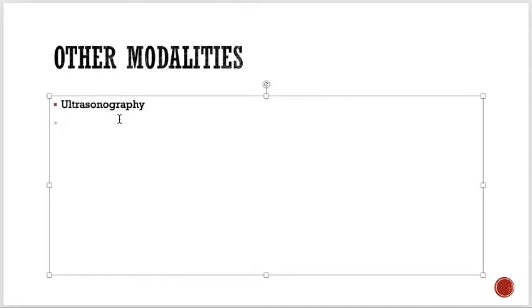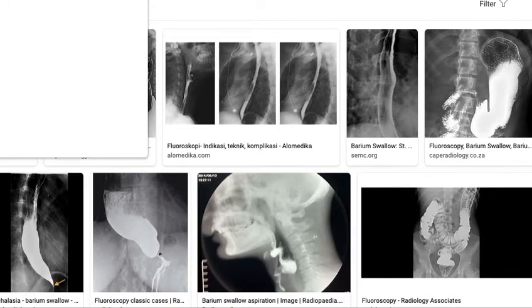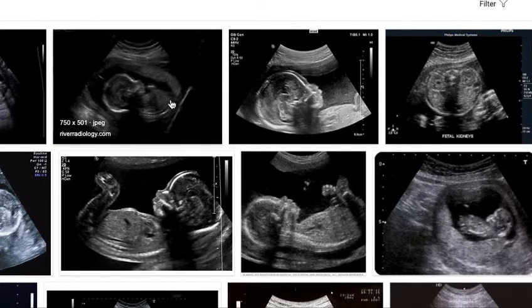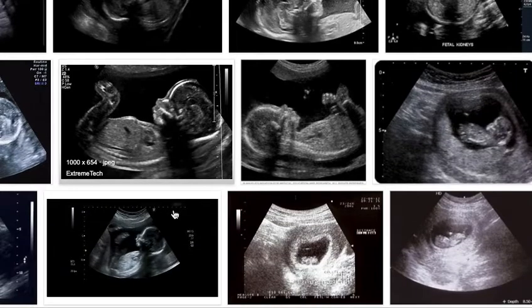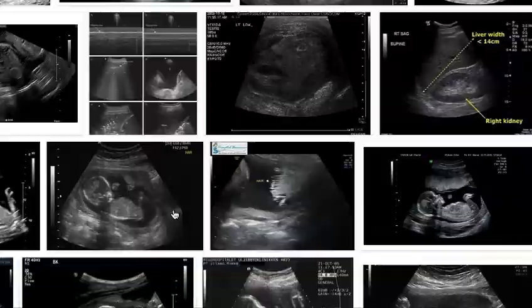Ultrasonography is very commonly available in almost every setup nowadays, and it works on sound waves, so we can do it only in areas where there is no bony structure, because sound waves cannot be transmitted across bone.